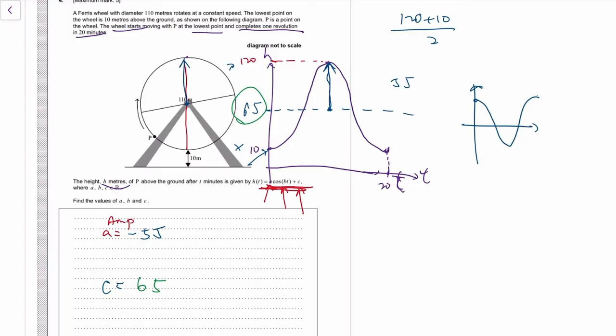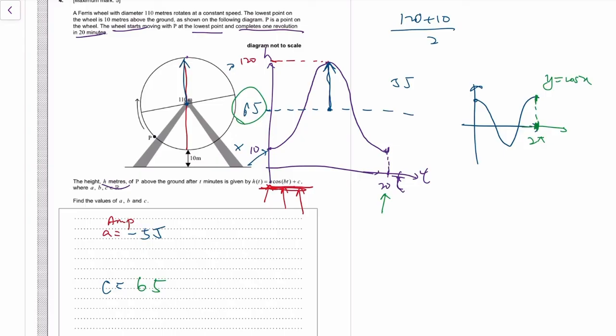The original cosine graph has a period of 2 pi, so we take 2 pi radians to complete one cycle. But now you only need 20. The unit doesn't matter, we don't care about unit.